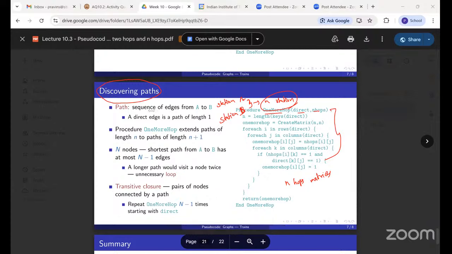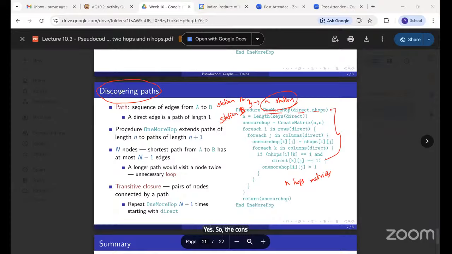Like before, we have to find n hops between the stations. So ultimately, we have to create one more graph, one hop, two hop, three hop, and then ultimately we have to find the n hops. Is it like that? Yes. Okay, thank you.